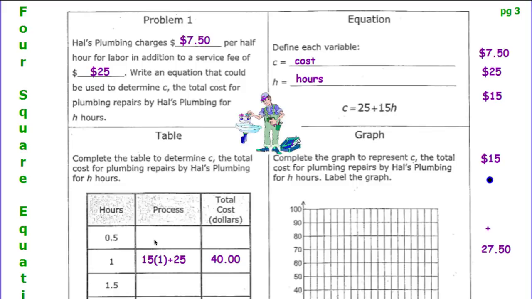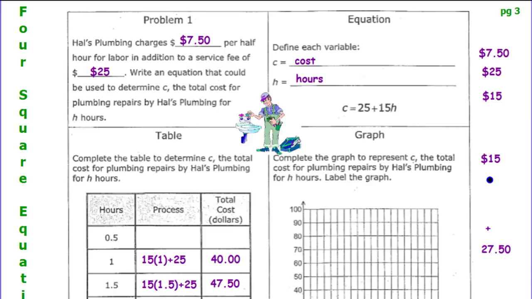So now we know that this is going to be 1.5. When he works 1.5 hours, then it's going to be 1.5 times the $15 plus the 25, which is going to be $47.50, because it looks like he worked a half hour more.